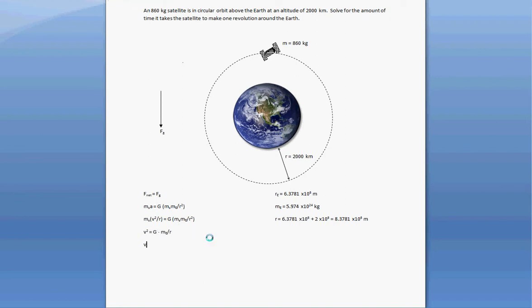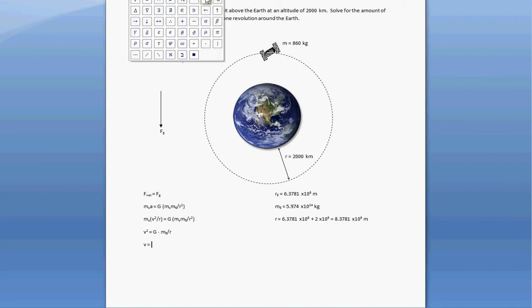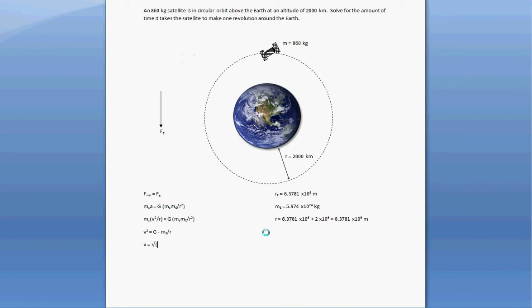So the velocity is equal to the square root of g times the mass of the Earth divided by the radius of the Earth plus the altitude of the satellite, the distance from the center of Earth to the satellite.